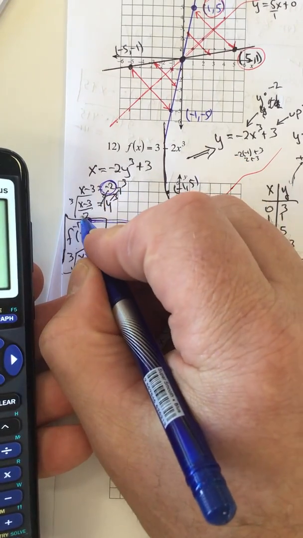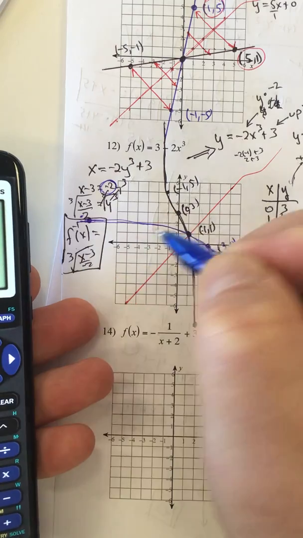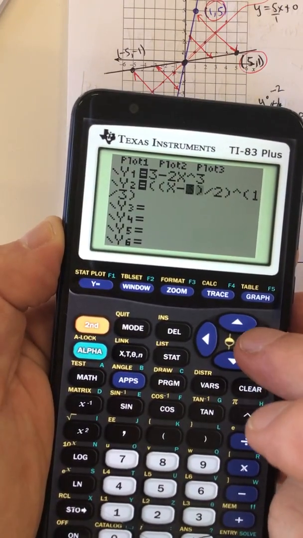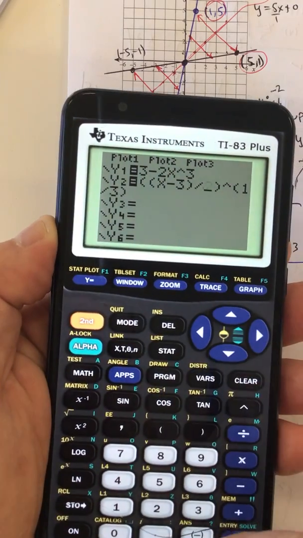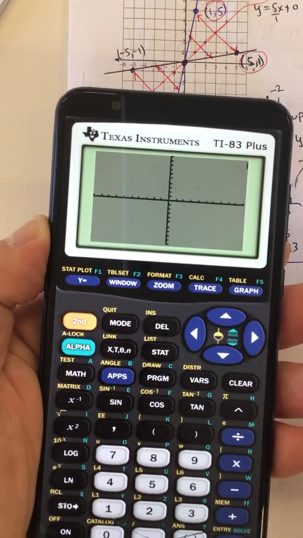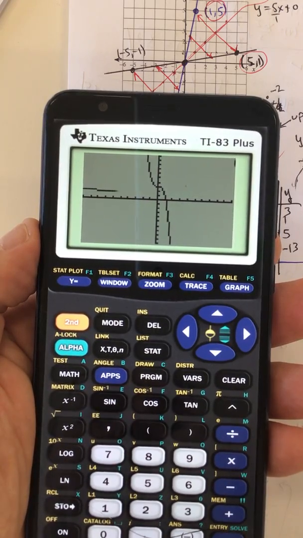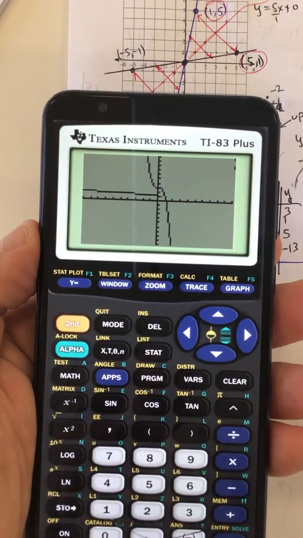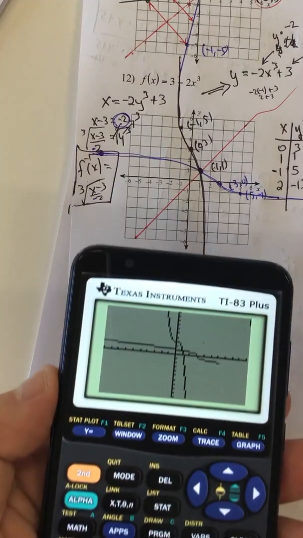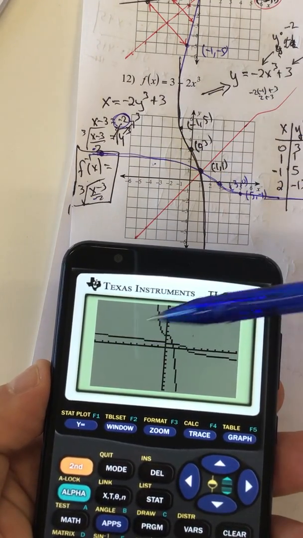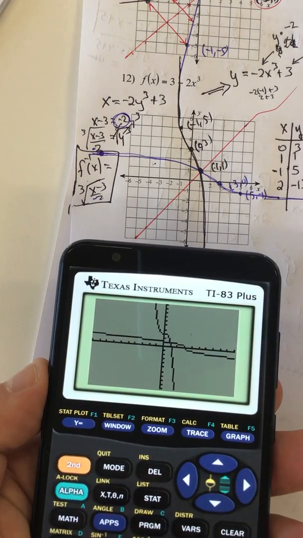That should be divided by -2. Let me get that into my calculator right here. That needs to be divided by -2. Now there's the original, and here comes what we have on our paper. See, this thing up here was high, and then it went down low. It was doing it backwards from before.